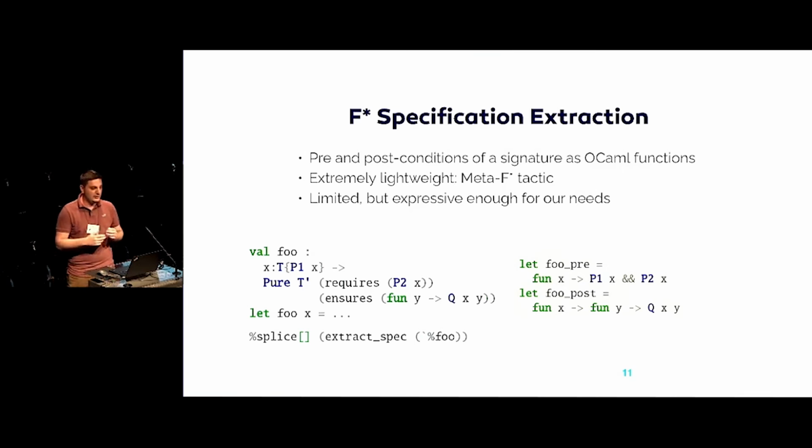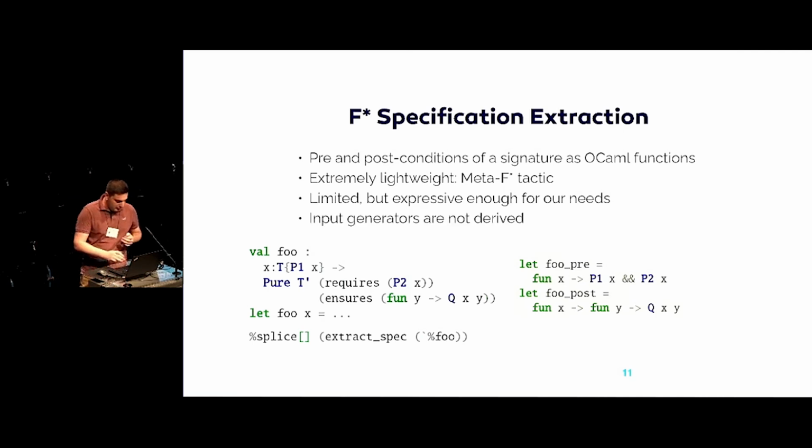But we believe that this is expressive enough in a lot of situations, like ours, in which the complexity is not really in the properties that we want to verify, but rather in some orthogonal aspects of the code. Also, it's important to note that although some of the QCheck boilerplate that we use for testing is automatically generated, the inputs still are provided by the user. The area of deriving generators is very interesting, but it was outside of the scope of this work.